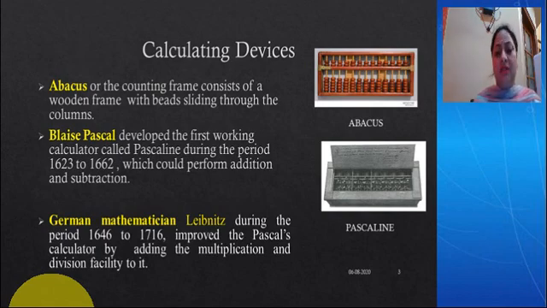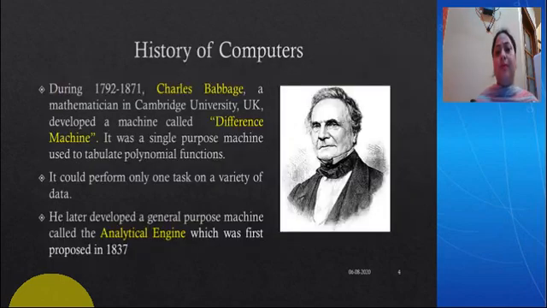German mathematician Leibniz, during the period 1646 to 1716, improved Pascal's calculator by adding the facility of multiplication and division to it.